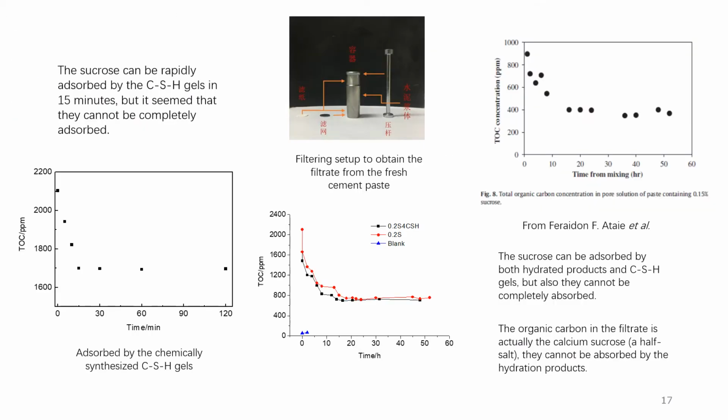And about the adsorption of sucrose on CSH gels, we can find that the sucrose can be rapidly adsorbed by the CSH gels in 15 minutes, but it seems that it cannot be completely adsorbed like here.